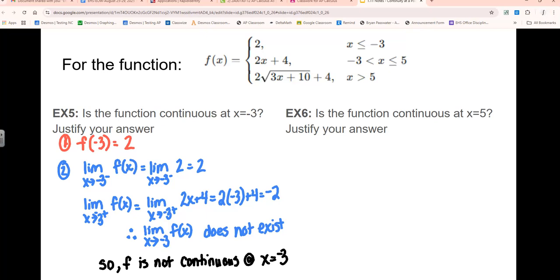As soon as something goes wrong, you can say the function is not continuous. I don't have to go on to say that the limit does not equal f of -3, because any one thing that is not right tells you that you're not continuous there. Okay? Try 6 on your own. Try writing it out really neatly. And I'm going to come around and check how you're doing on those.